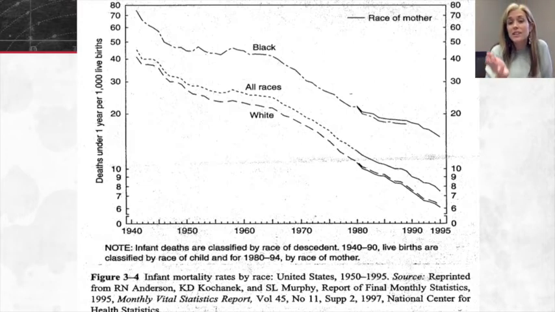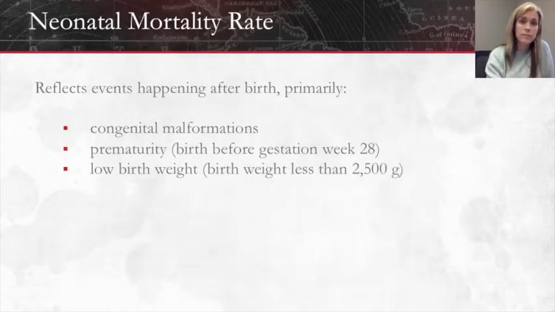This chart is glaring when you look at the average of all races, but then you tease it out by race of the mother, and you can see that Caucasians actually have lower, below-average rates, and African Americans have higher than average rates. That gap between Caucasian and African Americans is what we would call a disparities gap. So if you're looking at disparity research, you may use the infant mortality rate in order to highlight disparities in a population.